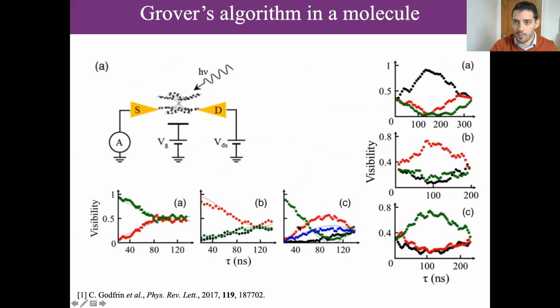And so these experiments are an implementation of the Grover algorithm for picking out a spin state from a mixture. He starts from a superposition of three different nuclear spin states, and then depending on the pulse sequence of the Grover algorithm that he applies, he can pick out one of the three. And that's in the nuclear spin of a single molecule magnet in a break junction via conductance.